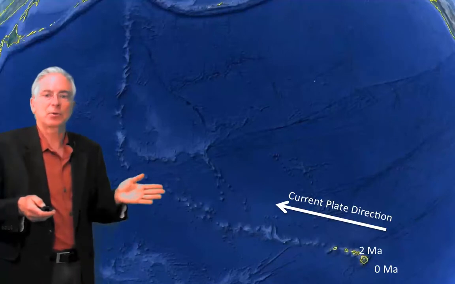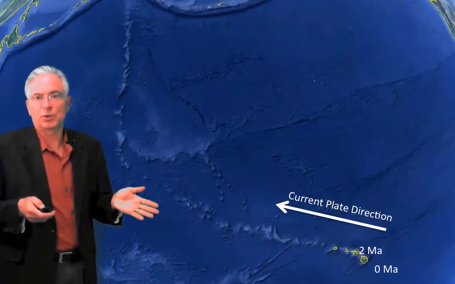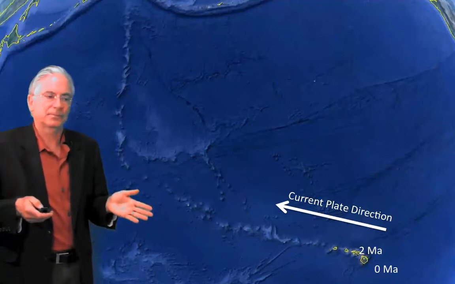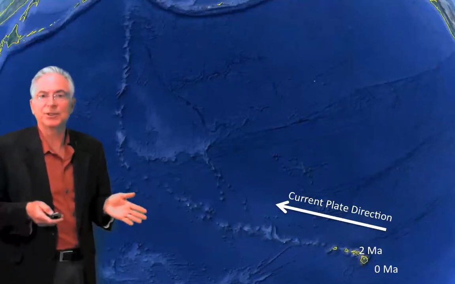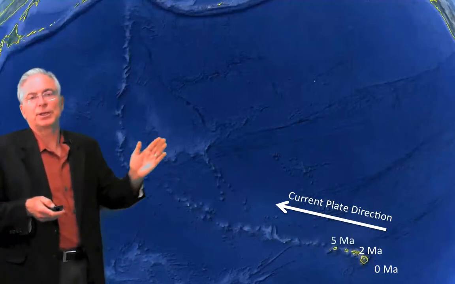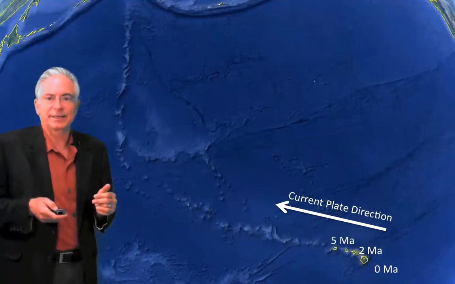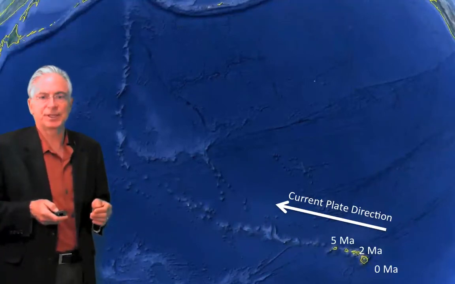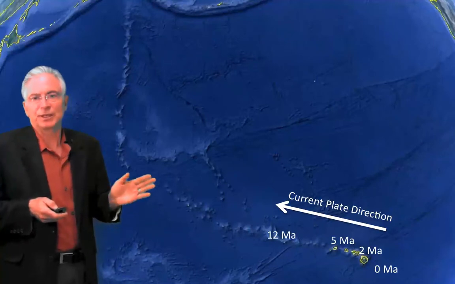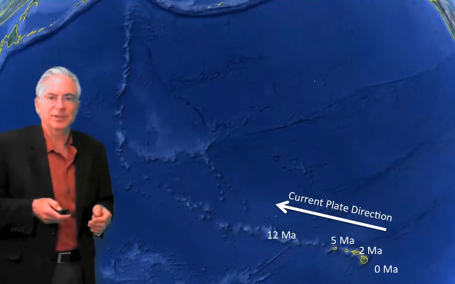As you move back across the exposed Hawaiian Islands, when you're back on Oahu, the age of the rock is about 2 million years. As you go out to the oldest of the Hawaiian Islands, it's 5 million years. As you extend across to the submerged seamounts to the northwest, they're 12 million years old.